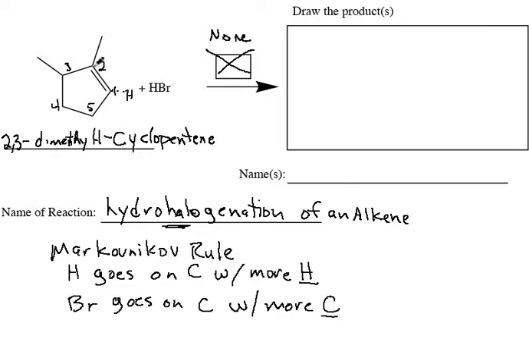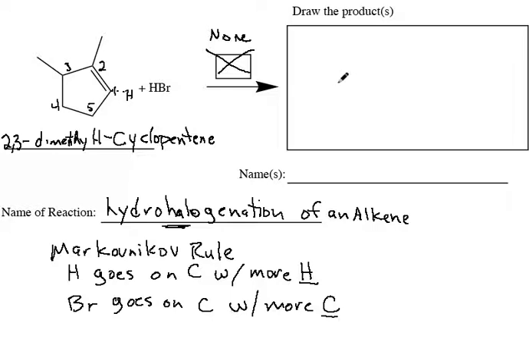Okay. On carbon number 2, this carbon is attached to the branch, attached to carbon number 3, and attached to carbon number 1. So there are no H's on that carbon. Therefore, the H is going to attach to carbon number 1. So what I'm going to do is redraw the carbon structure. Remember, in all of these reactions, the carbon structure does not change.